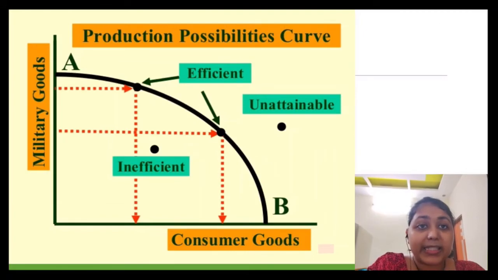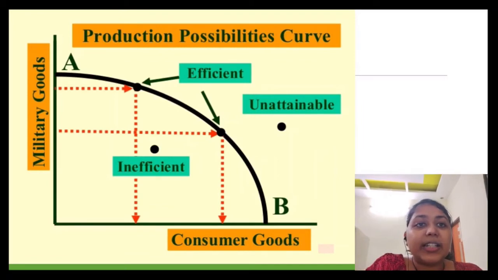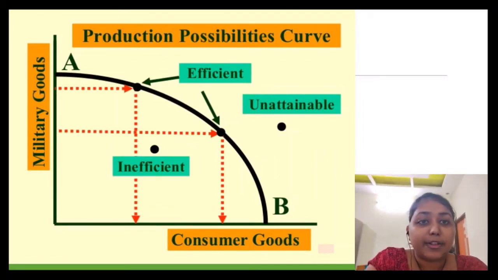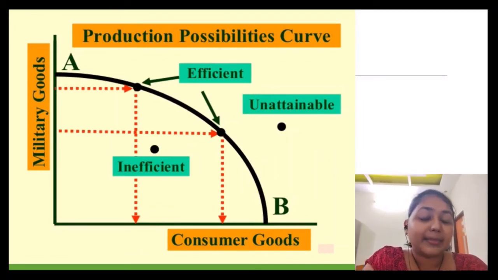The next property is that it is always concave to the point of origin. You can see it here, it is in the concave position, not in the convex position. And that is also because of a reason, and the reason behind it is the opportunity cost.